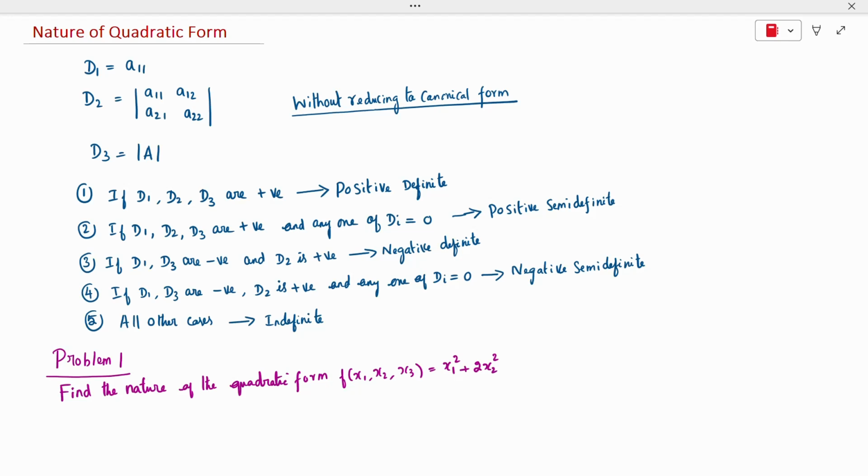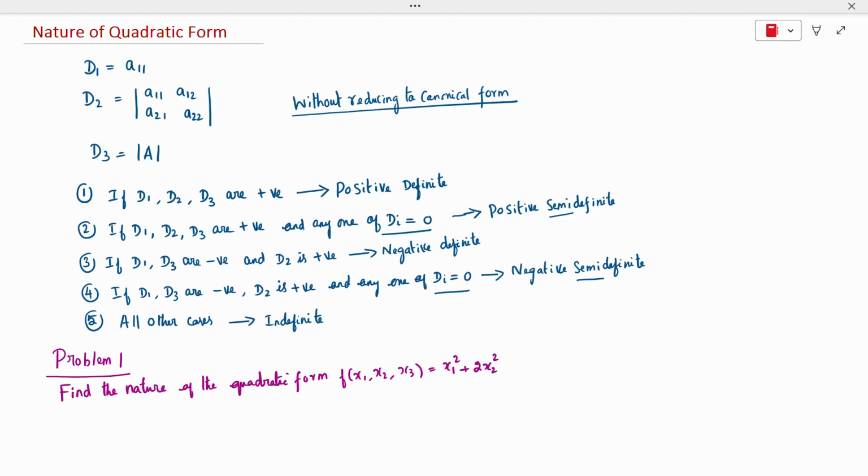We use semi only when you get 0, when any one parameter, D1 or D2 or D3, is 0. Then we have to decide whether it is positive or negative semi-definite. When, other than the one zero, the other two values are positive, it is called positive semi-definite.